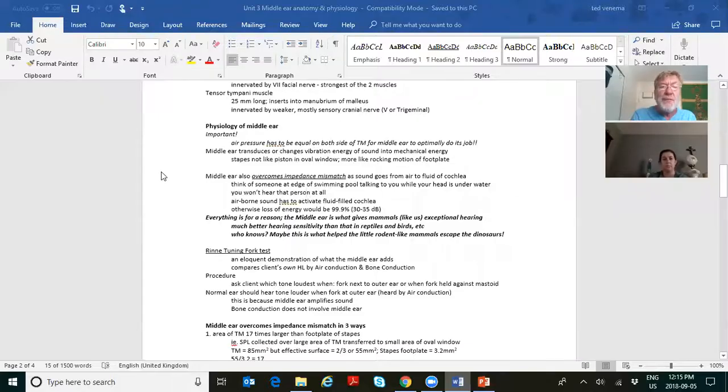The middle ear helps to overcome what we call the impedance mismatch as sound goes from air to the fluid of the cochlea. Think of someone at the edge of a swimming pool talking to you while your head is underwater. You won't hear that person at all. Airborne sound has to activate a fluid-filled cochlea. Otherwise, you'd lose 99.9% of the sound.